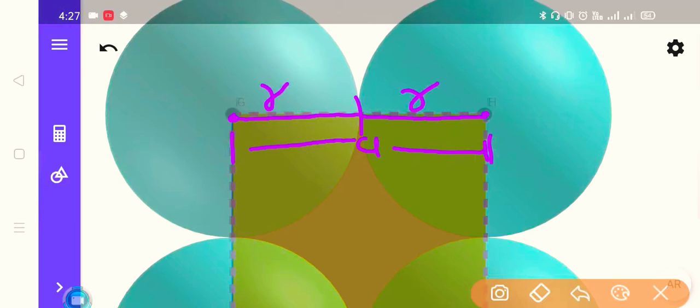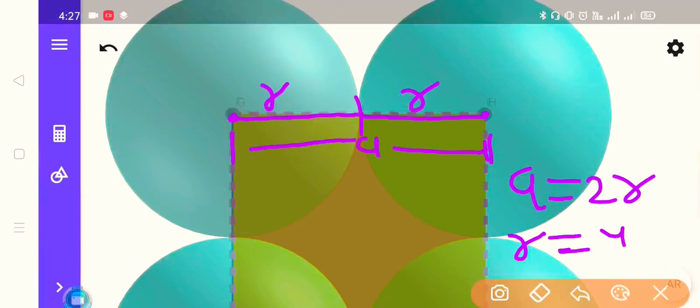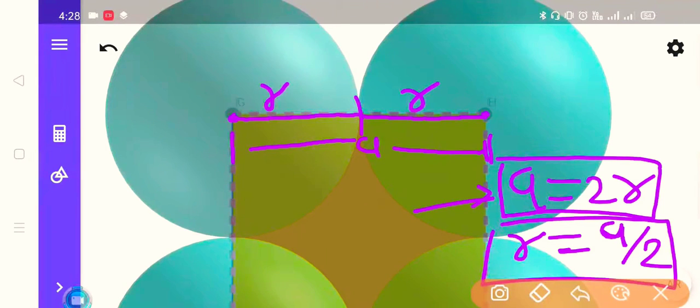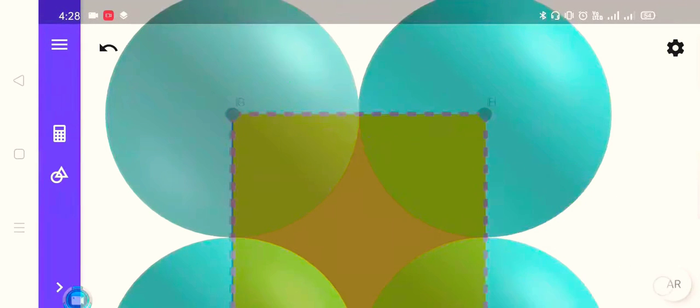So from this observation we can say that in this case a is equal to 2r, or for a primitive unit cell r is equal to a by 2. Remember both equations. For the current calculation we need this equation, but this relation is also useful in certain calculations, and we will discuss these types of calculations in future. So first of all just remember this relation: a is equal to 2r for a primitive unit cell.